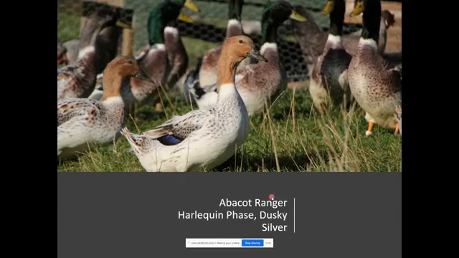Another example, and this is a rare breed, is the Abercut Ranger, and this is really an example of the classic silver color pattern in ducks. So it's a harlequin phase in the mallard series on a dusky background there. So it's the silver form.